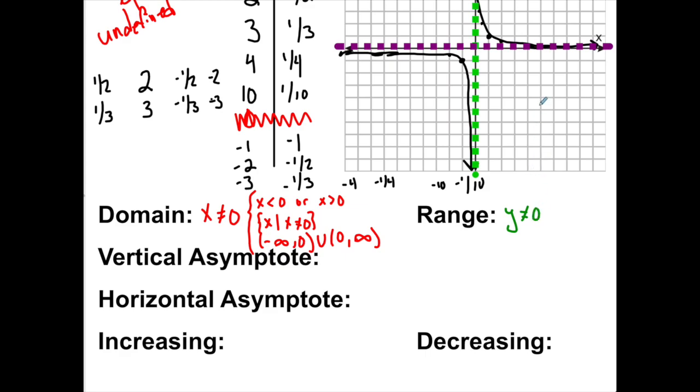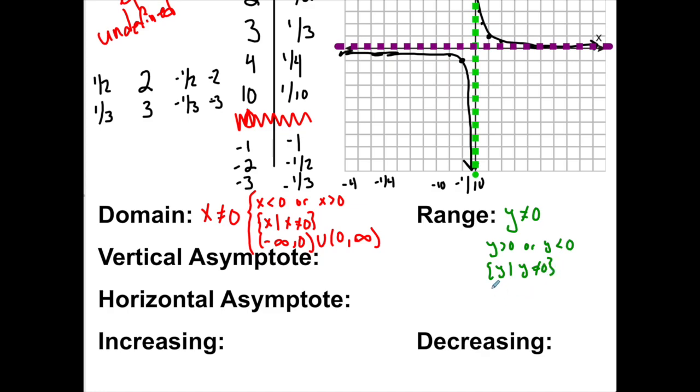It can be positives, it can be negatives, but it can't be 0. So we can say that in 3 ways. Either y is greater than 0 or y is less than 0. We can say it as all of the y values where y is not equal to 0.